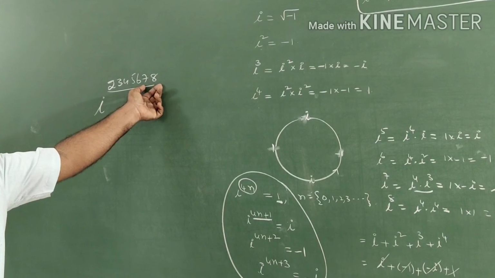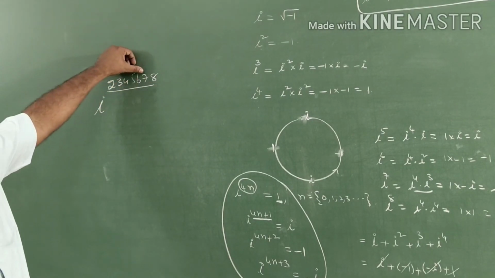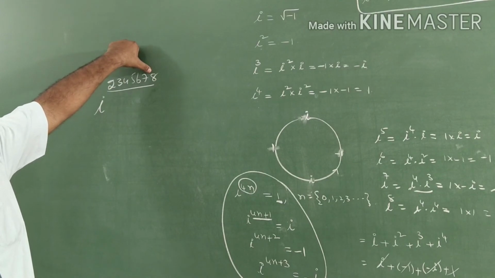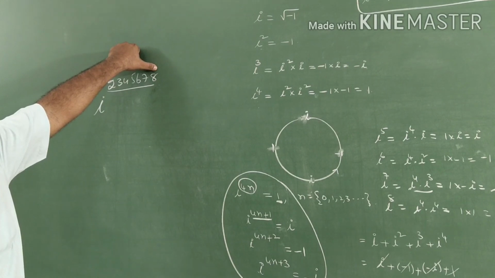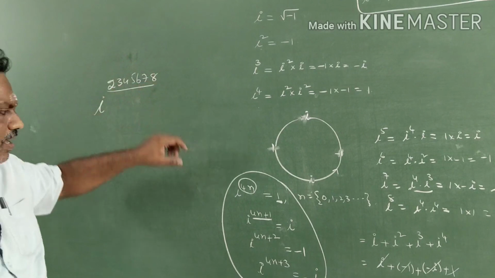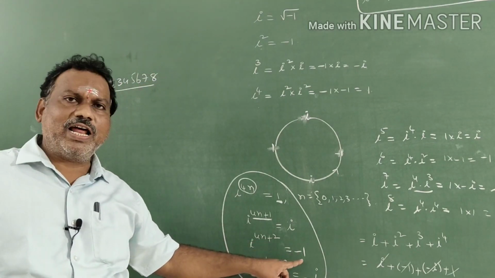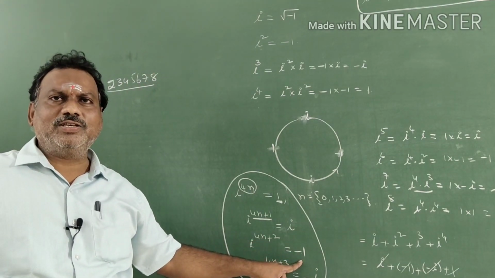You can divide it. 4 ones are 4, 38. 4 nines are 36. So it is not exactly divisible. How much remainder are you getting? 2 remainder. Correct or not? That means 4n plus 2. If it is 4n plus 2, what is your answer? Minus 1 is your answer.